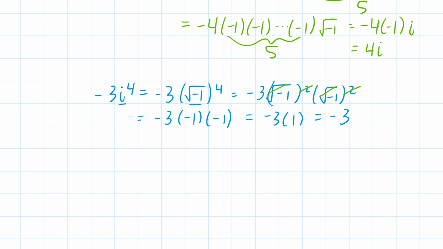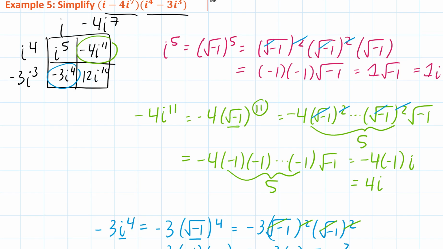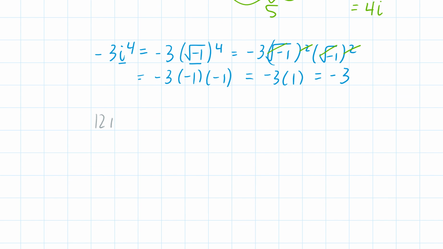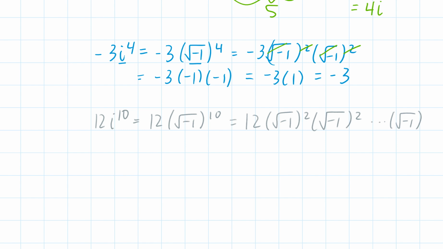And one more term to deal with. 12i to the 10th. Substitute. Pair. Ten will give us 5 pairs.